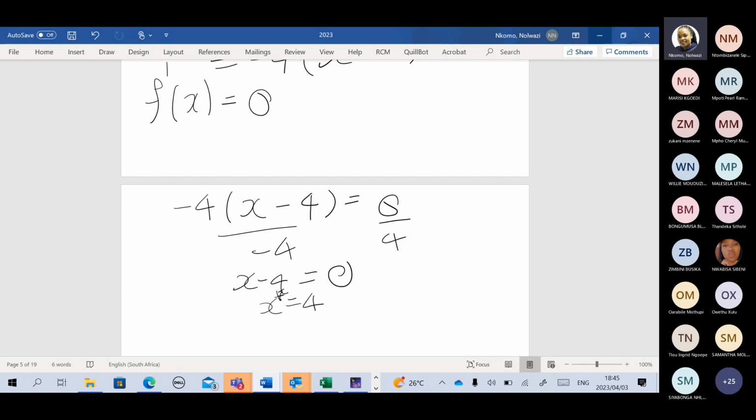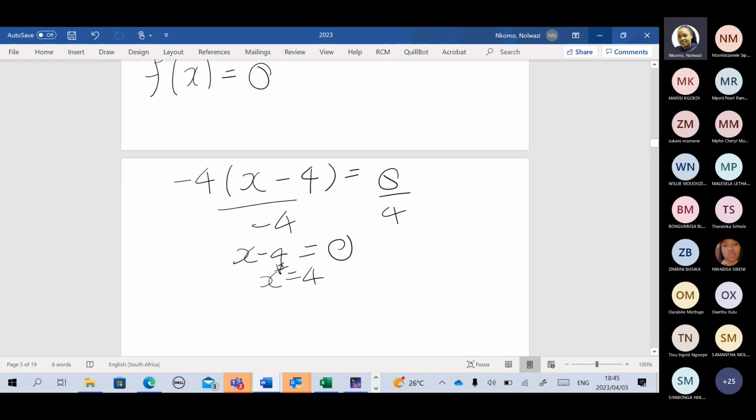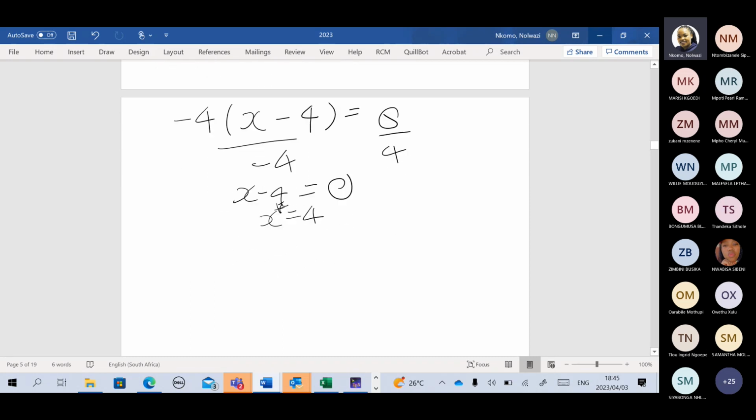I said the next step is to take your x star and substitute it back into the given function. Remember, the given function is f at x equals 200 minus 2 times x minus 4 all squared. We need to substitute 4 here.